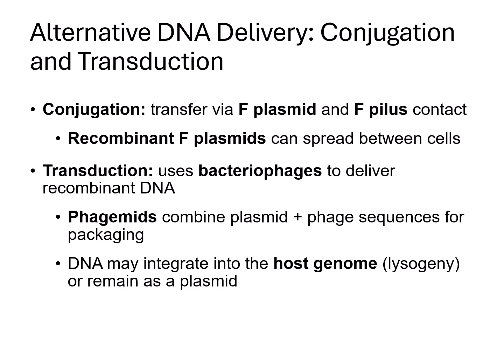Besides transformation, we have those 2 other natural processes that can move recombinant DNA into cells. We have conjugation. Remember, conjugation uses a pilus to transfer DNA directly from one bacterial cell to another through that F plasmid. So we can create recombinant F plasmids and spread them between cells through conjugation. We also have that transduction. Remember, transduction uses those bacteriophages to deliver recombinant DNA.